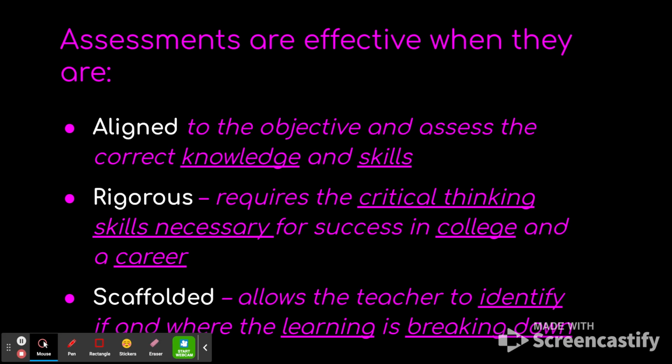So whether I'm giving a multiple choice question or a selective response question, or a short constructed response where they fill in the blank or write a very short sentence or two, or an extended constructed response where they're writing a paragraph or more, I really want to be able to tell what that diagnosis is.